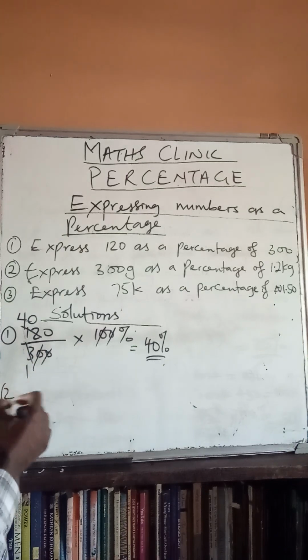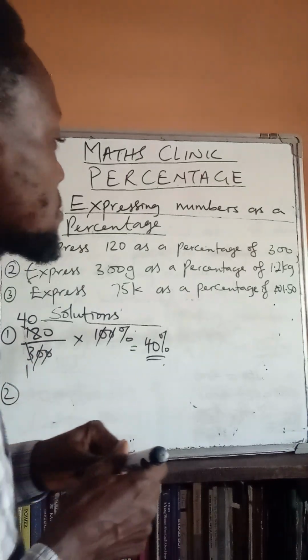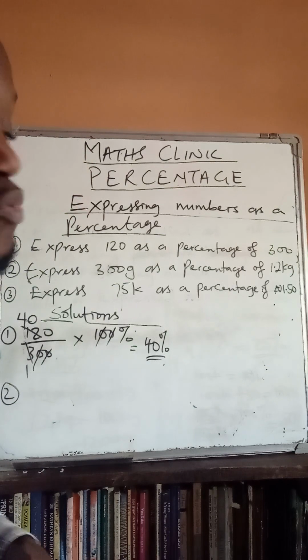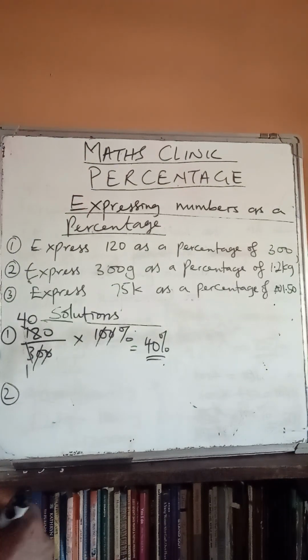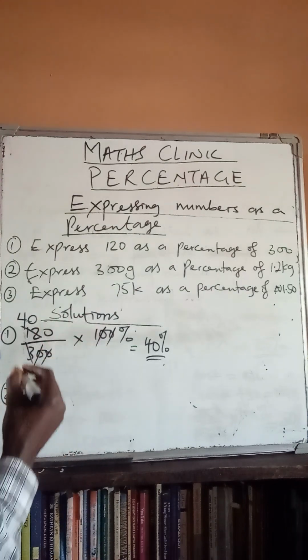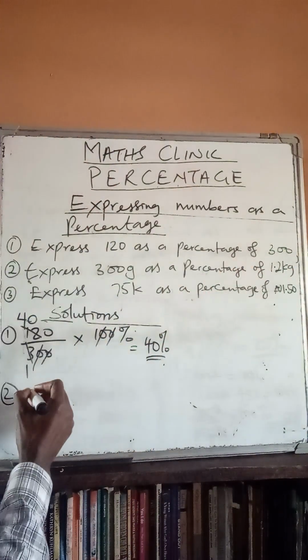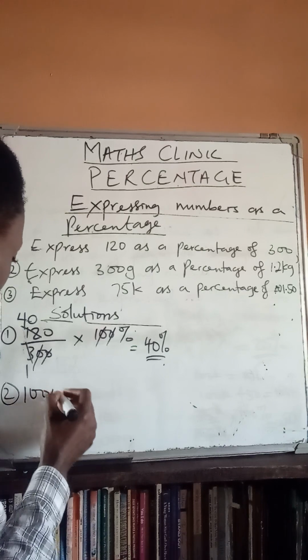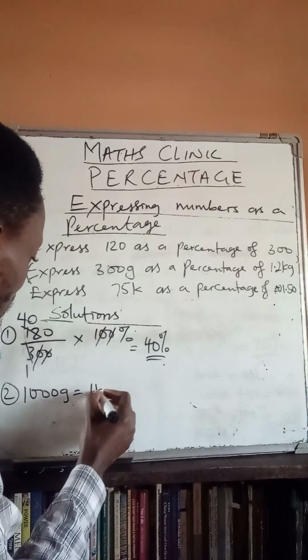And number 2 says express 300 grams as a percentage of 1.2 kilograms. Now when we are working with these measurements, 1000 grams is equal to 1 kilogram.